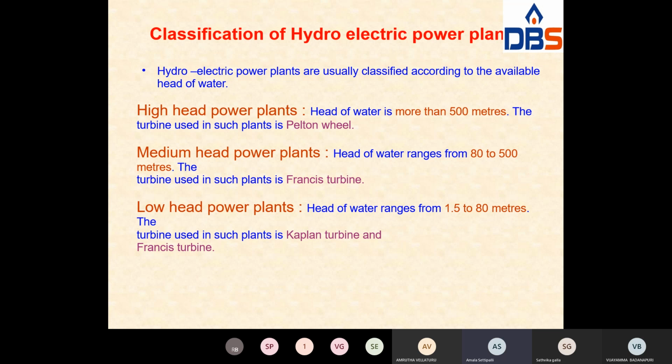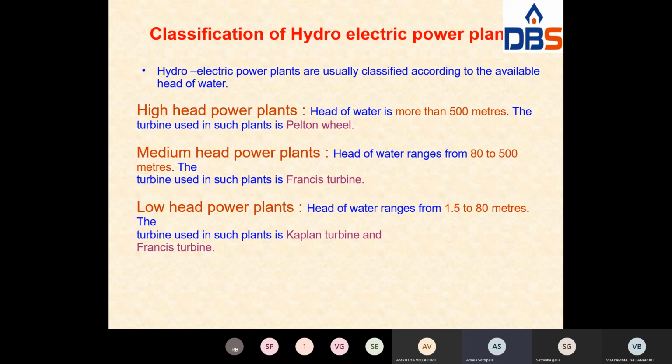There are different turbines: Pelton wheel, Francis turbine, Kaplan turbine, impulse turbines, and so on. The full description of turbines comes under mechanical engineering, so here we just need to know which turbine is used. In high head power plants we use the Pelton wheel.